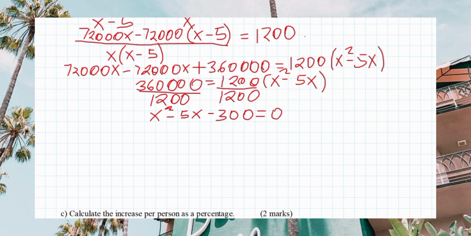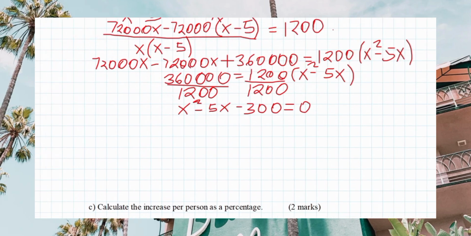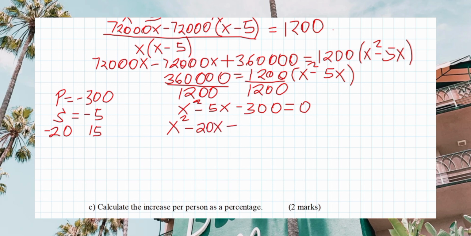So we are going to get two terms whose product is negative 300 and whose sum is negative 5. These two are negative 20 and positive 15. So you substitute these here, and you have x squared take away 20x, plus 15x, take away 300, equal to 0.